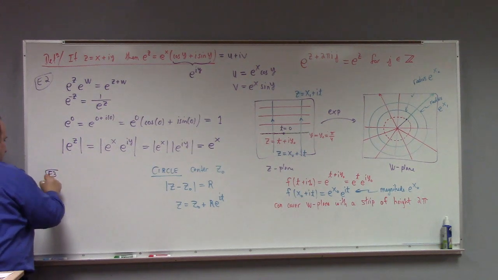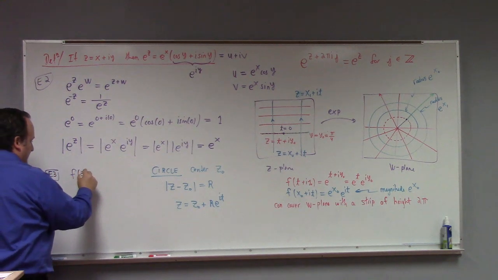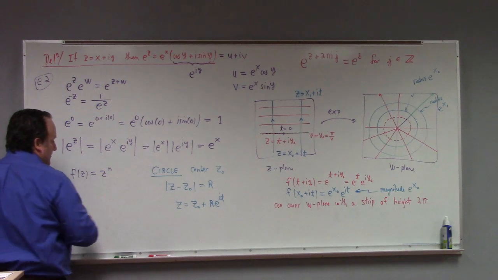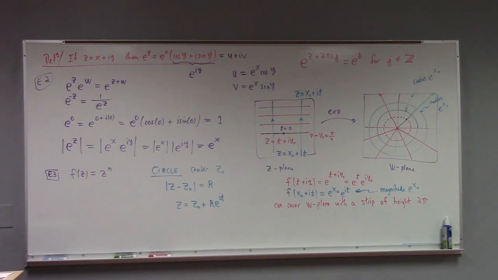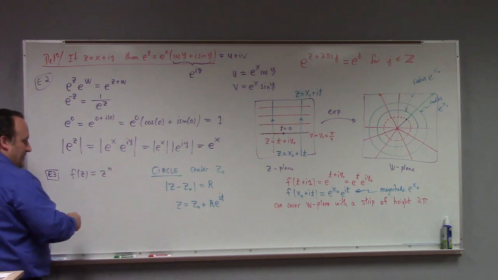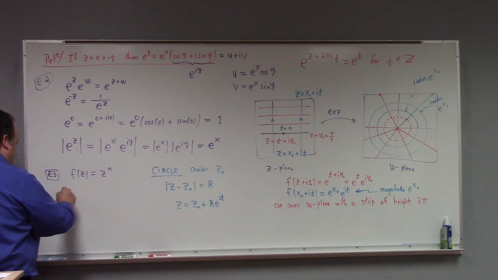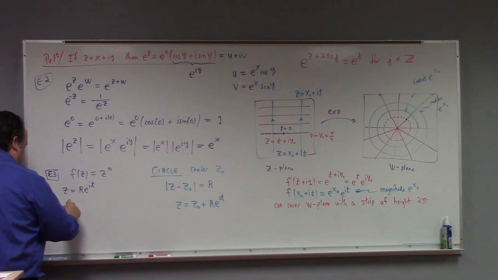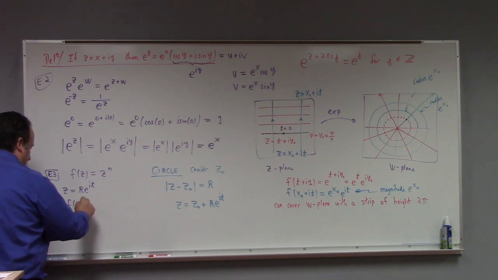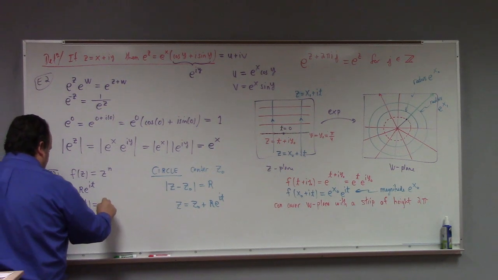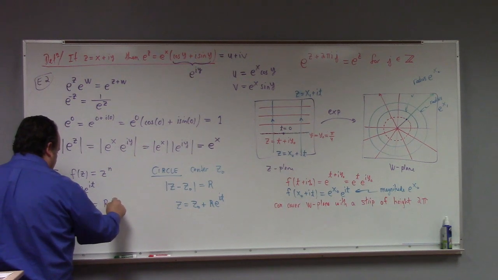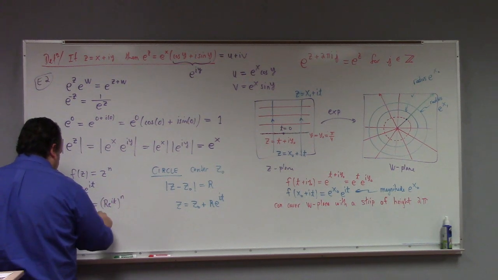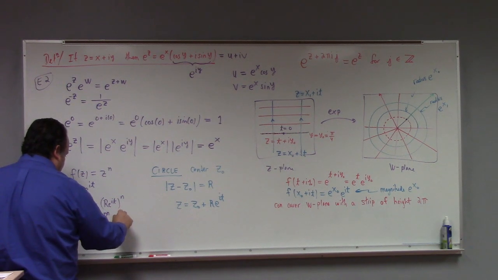We'll do something really easy. Power map. F of z equals z to the power n. What does that do to a circle at the origin? A circle at the origin, we have z equals r e to the it. So f of r e to the it is equal to r e to the it to the power n, also known as r to the n e to the nit.